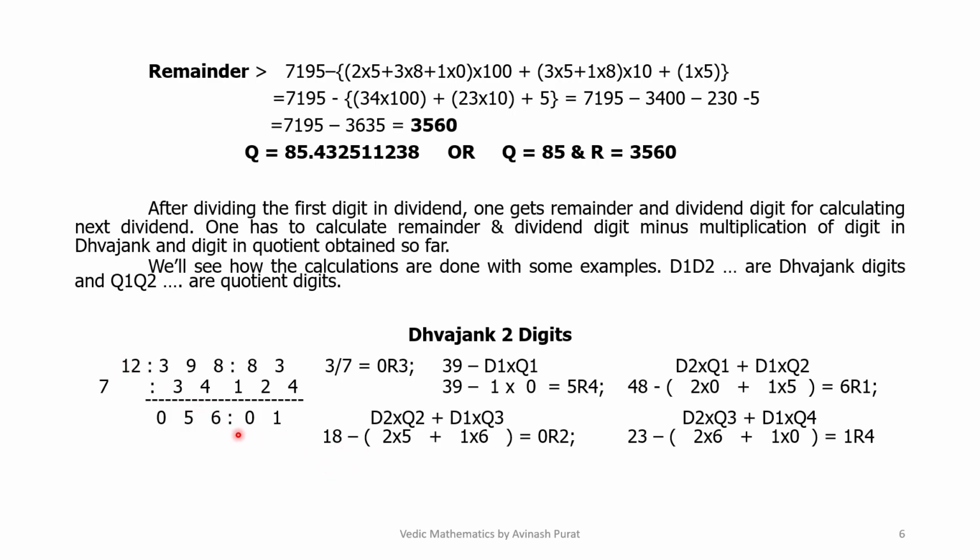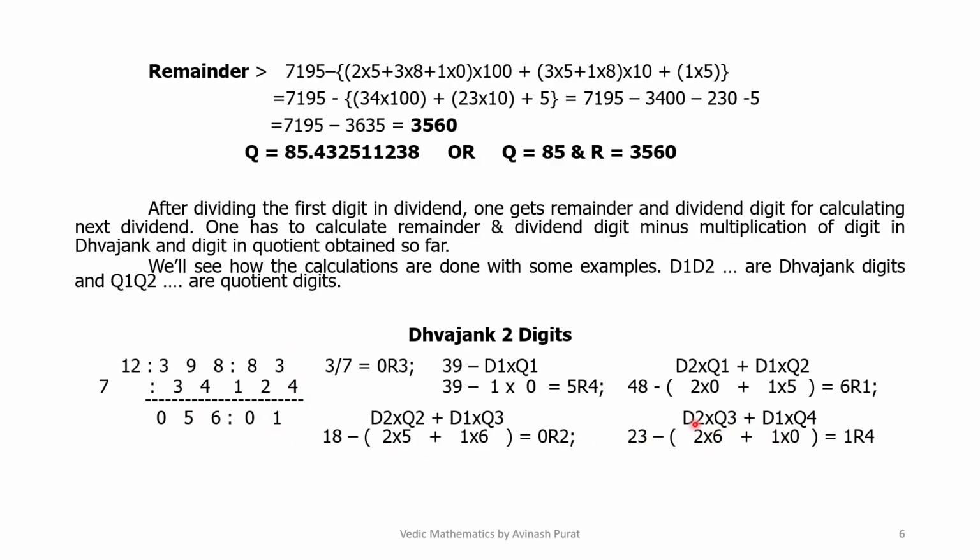So 18 minus 2 into 5 plus 1 into 6, that is equal to 0 or 2. R is remainder.